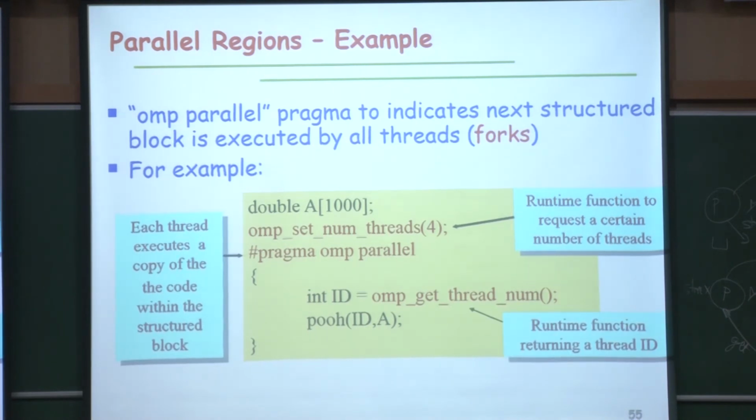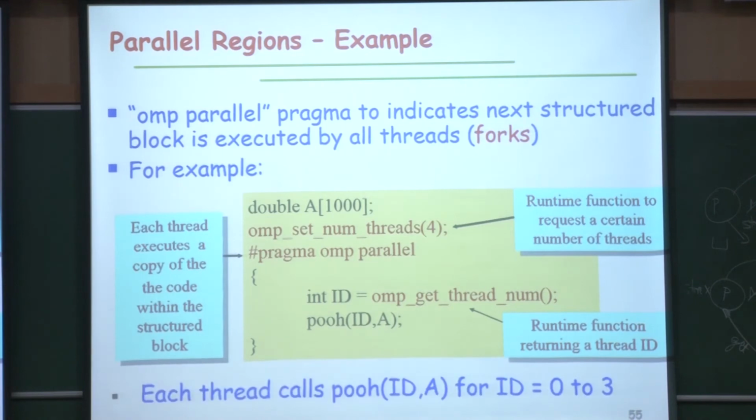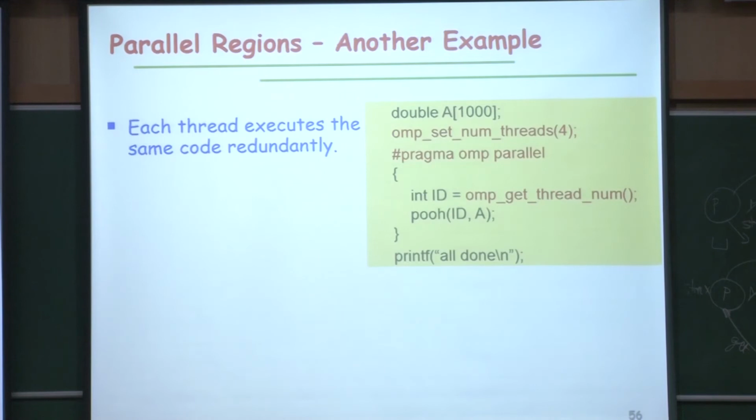This is a runtime function to get the number of threads, and all of this is executed in parallel. Because of this hash pragma, the poo function is going to be called 4 times, because there are 4 threads, and each time it is called with a different ID value from 0 to 3, which is the PID value.